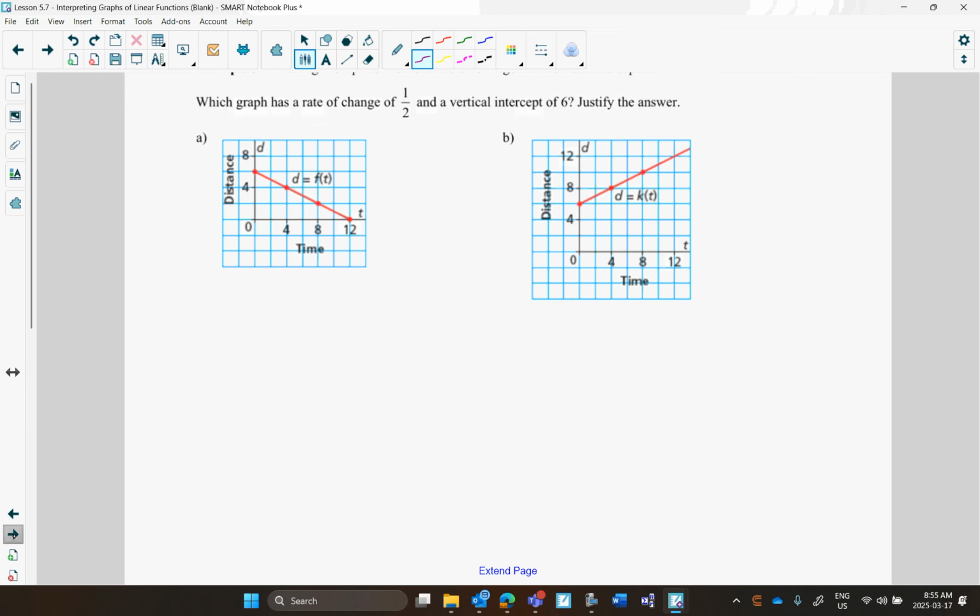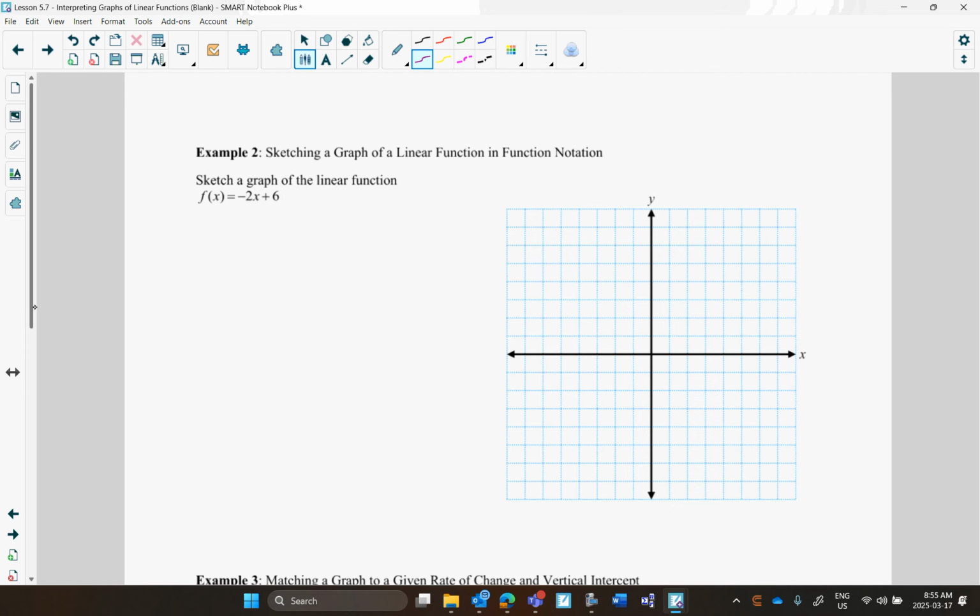Okay, next example. Don't get freaked out by this. F of x is the same as what? Y. So just think that you're graphing y equals negative 2x plus 6. And we've been doing those to death. Get the y-intercept, get the slope, graph away.